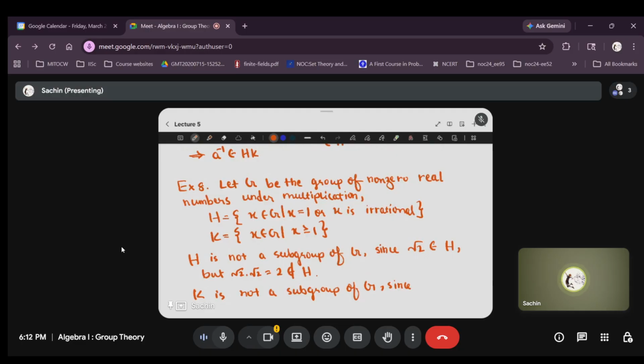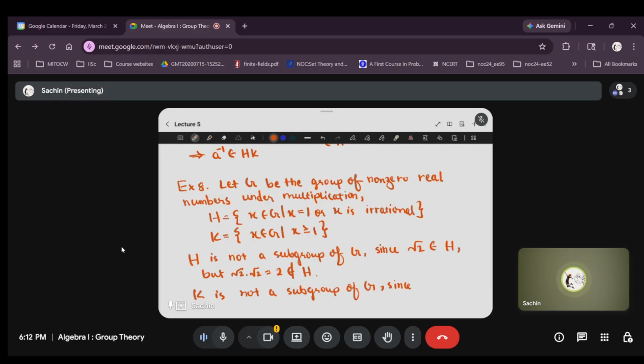What would be the inverse of an element of K? If you pick a number greater than or equal to 1, what is its inverse? Yeah, but does a fraction belong to K? The condition is x is greater than or equal to 1. Can a fraction be?